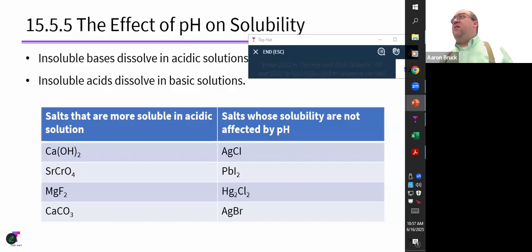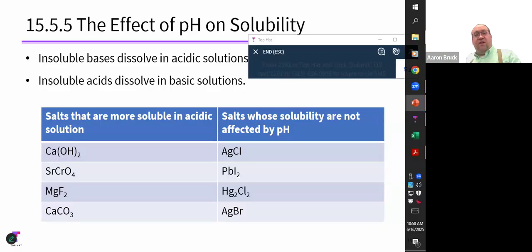Calcium hydroxide is considered a strong base when it is a saturated solution or a solution in general. But we know that it has a solubility limit. However, if I lower the pH, what happens is that the hydrogen reacts with the hydroxide and Le Chatelier's principle takes over. We continue to see a movement towards solubility as that hydroxide gets reacted away.